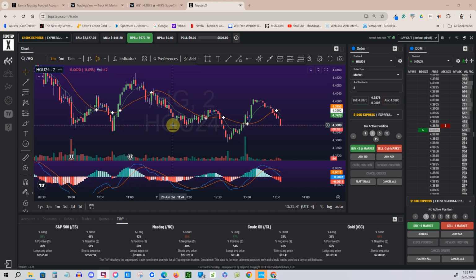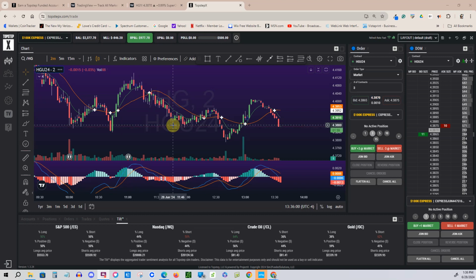So I posted in Discord, I was in a pretty bad trade earlier. I was down $1,000. It was a bad trade in that it was a bigger drawdown than I wanted. I ended up turning it into a $1,500 trade in my favor, and I netted $573.